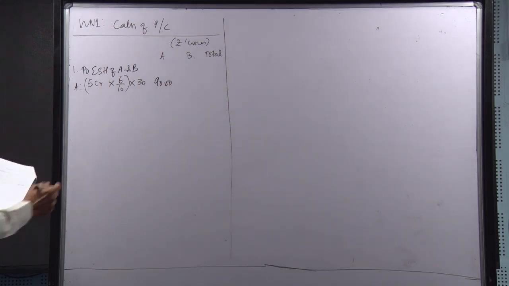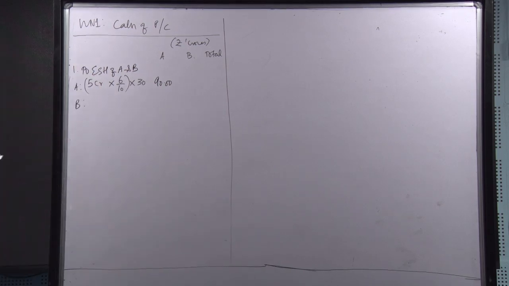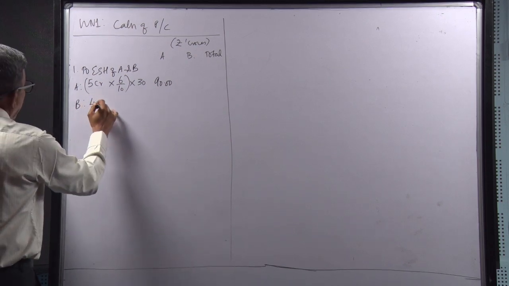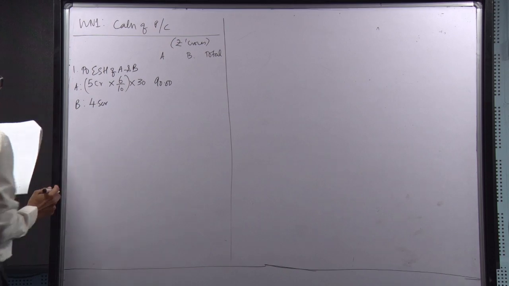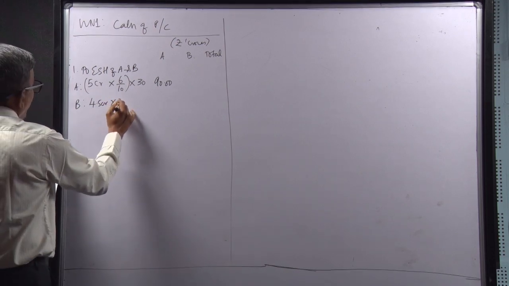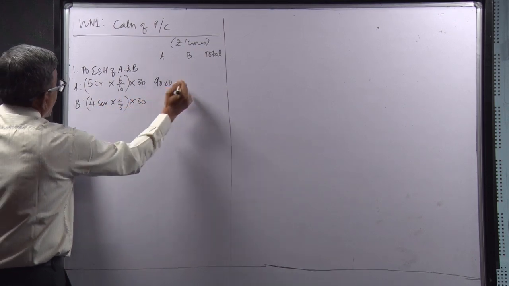What about B? 2 equity shares for 5 equity shares of B Limited. So if you hold 5 shares in B, you will get 2 shares in C. There are 4.5 crore shares in B Limited. So 4.5 crores into 2 by 5 into 30.